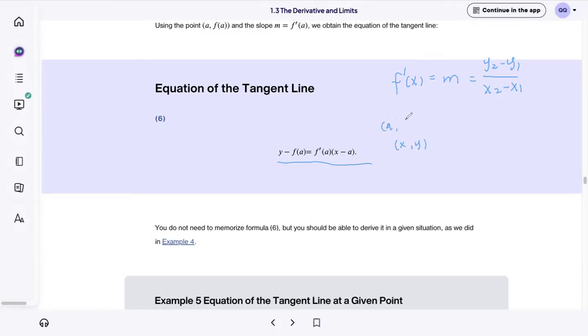We have a, f of a as another point. So y minus f of a divided by x minus a equals the slope. Then we multiply x minus a on both sides to get this. Because f prime of a is the slope m, so it's still using the formula.